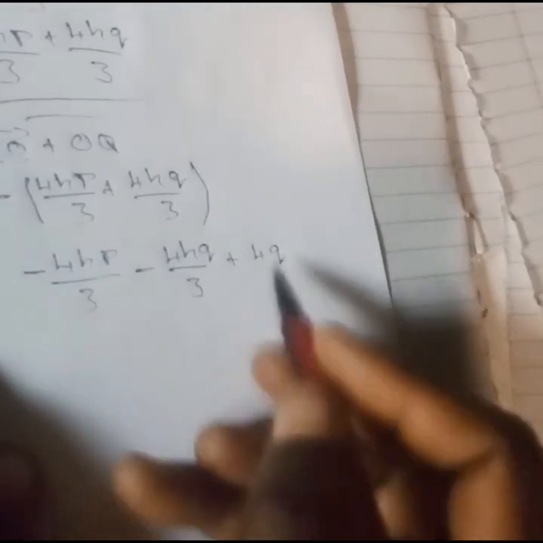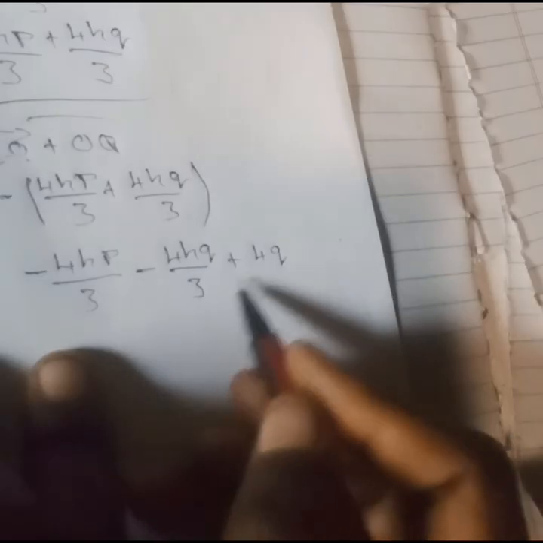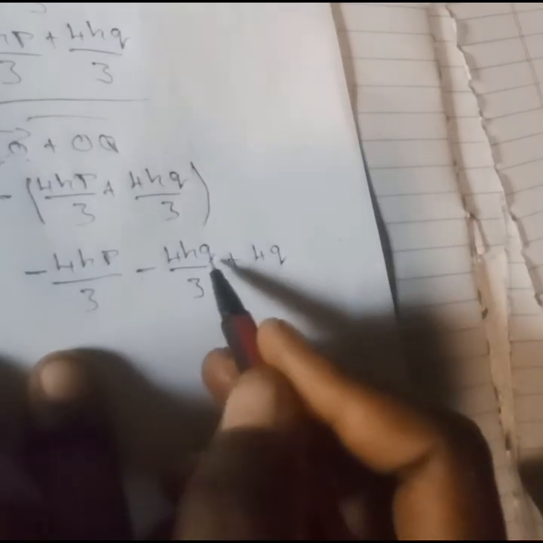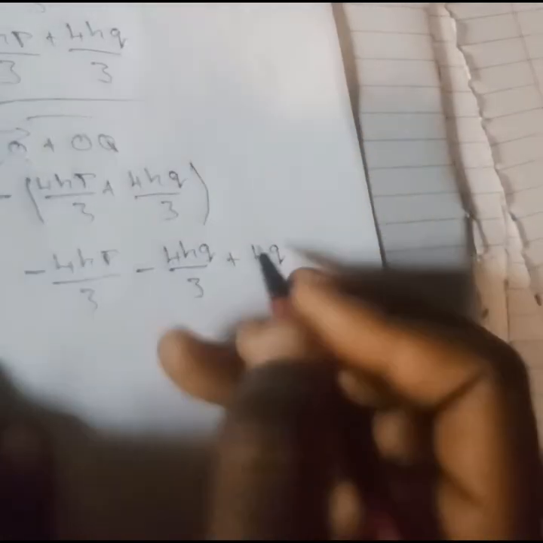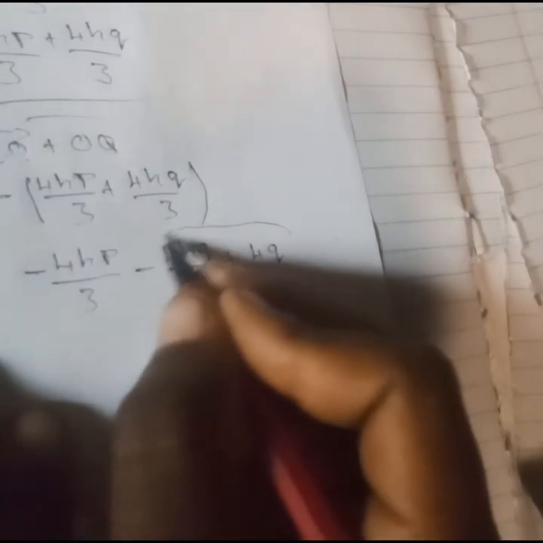Then let us collect the like terms here. So these are like terms. At least we can see we have 4 here and 4 here. We also have Q here and Q here. So it's just the matter of rearranging this. Let's start with this first, according to what they want us to show here. They started with these values.